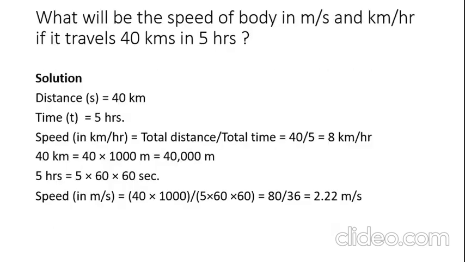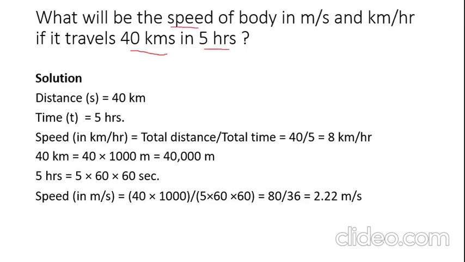Yes, we have a numerical here. What will be the speed of a body in meter per second and kilometer per hour if it travels 40 kilometers in 5 hours? Then we have to write the given values. Distance covered is 40 kilometers and time taken is 5 hours.